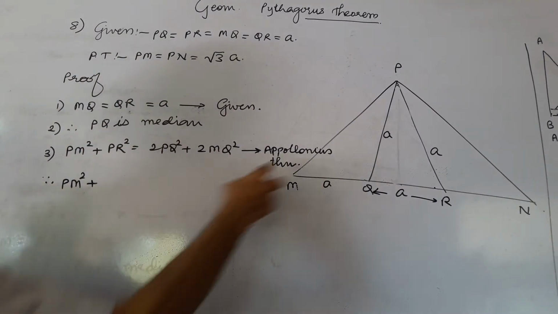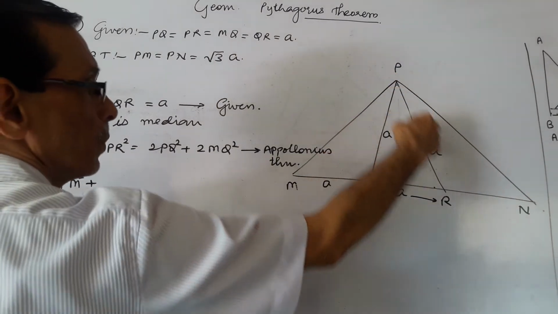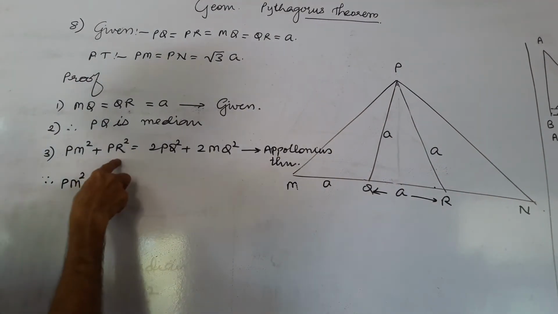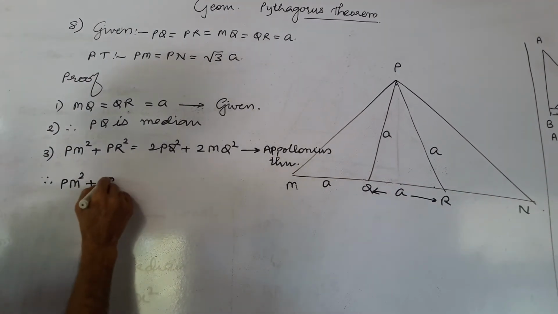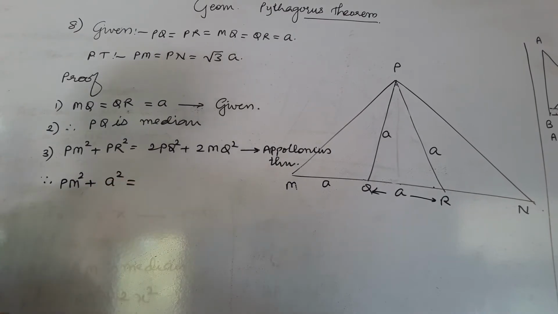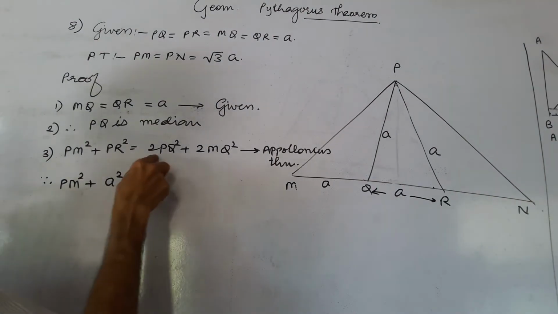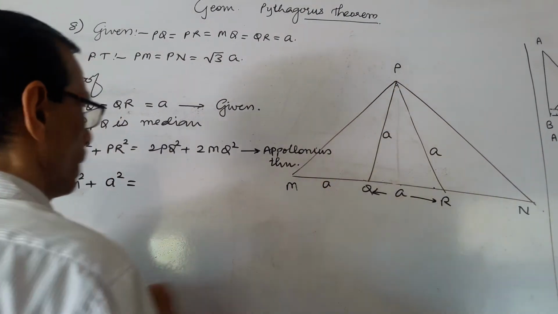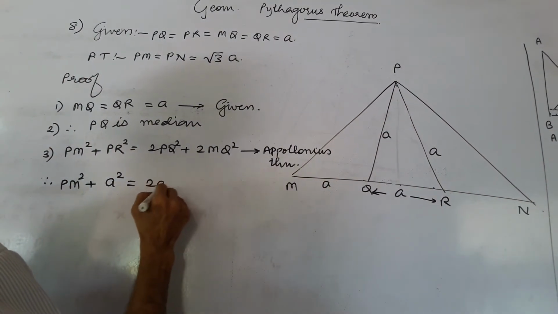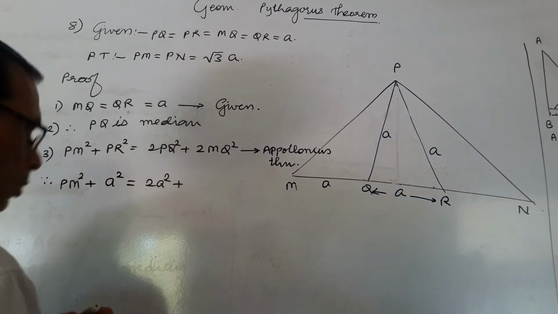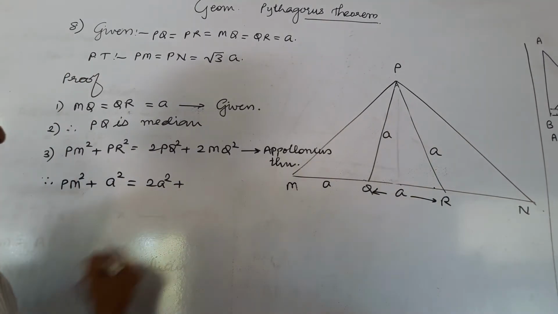So PM square plus PR square, in place of PR square write A square because PR equal to A. It is equal to 2 PQ square, but PQ is also A, so 2A square, plus 2 MQ square, but MQ also A, so 2A square.